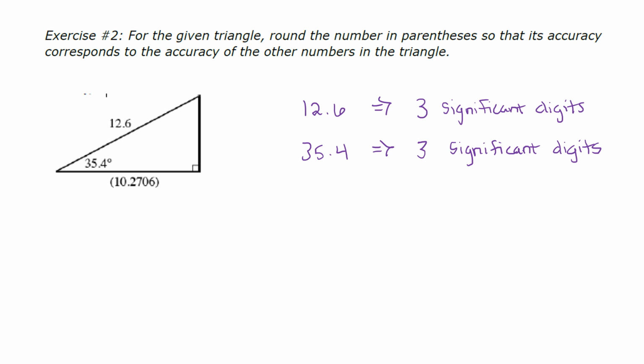So our side here, that's 10.2706, must be rounded to the tenths place so that it as well will only have 3 significant digits. So we're going to round this to 10.3.